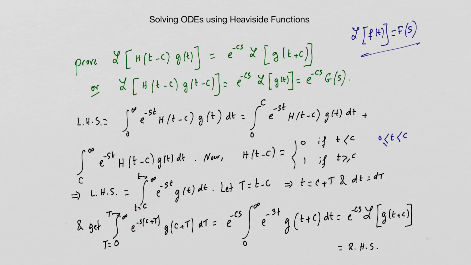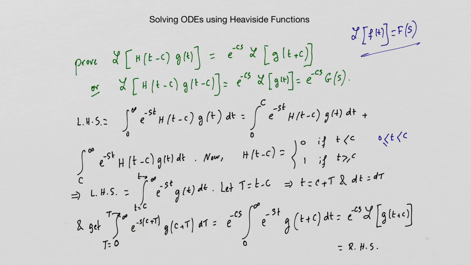This gives me capital T equals 0 as the lower limit. Capital T goes to infinity when little t goes to infinity, because the difference between the two of them is just a constant. And this becomes g of c plus capital T. Little dt becomes d capital T. And this little t here becomes c plus capital T. So we got an extra piece here, so I'm going to split this.